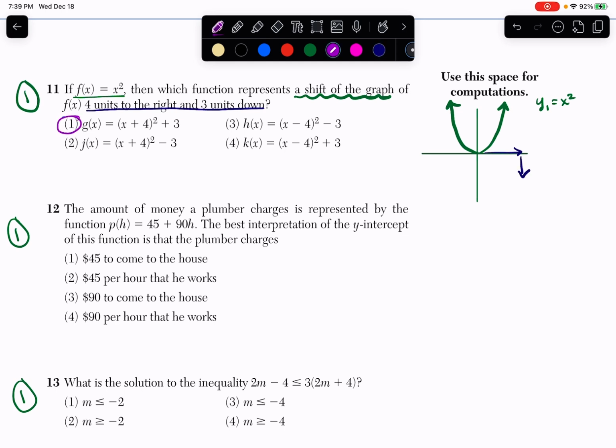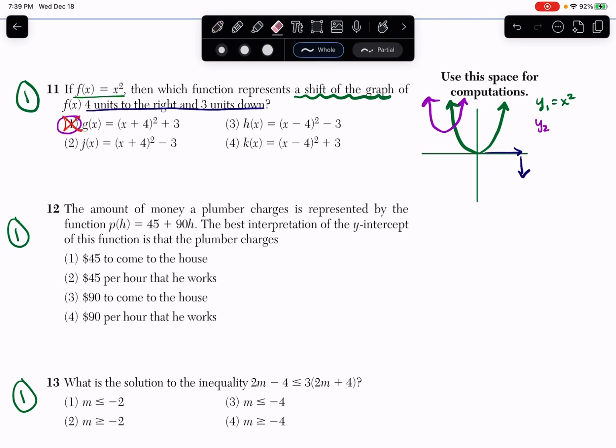So start with g of x. I type g of x into y2, I go back to my graph screen, and I see that g of x is up here. That seems like the opposite of where I wanted to move.